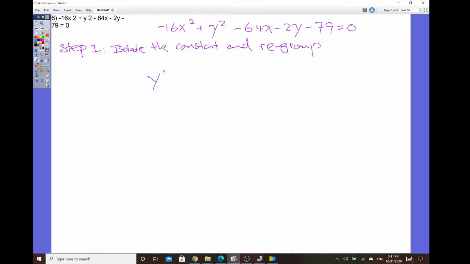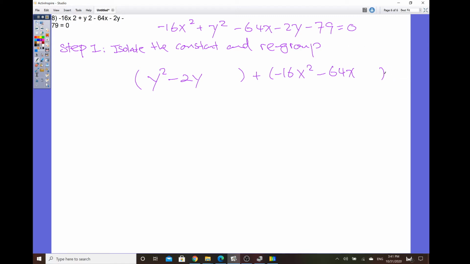So y squared, and along with y squared we have negative 2y, and then the next one we have plus negative 16x squared, and then minus 64x. Just leave that blank. And then the constant, negative 79.